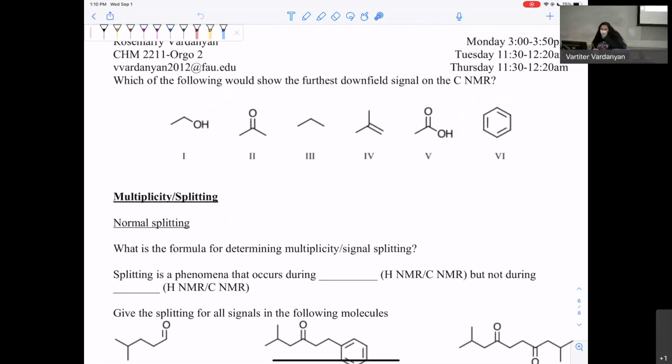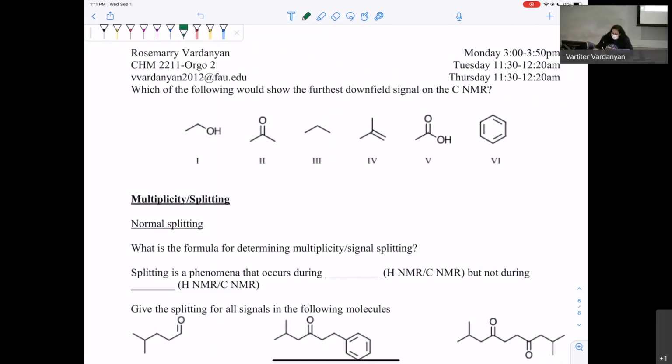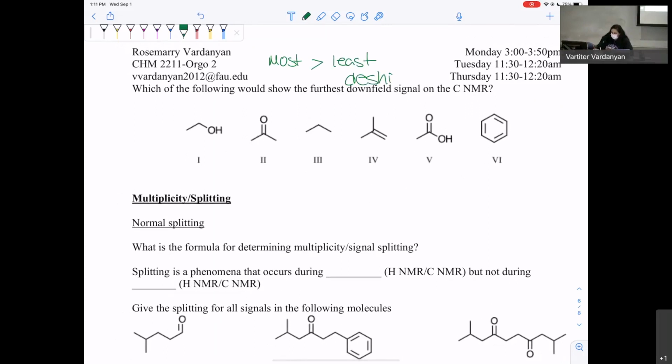Okay, so we're going to do this question to kind of review what we did last time. So all the question is asking is in a carbon NMR spectrum, which of the following would be the furthest downfield signal? So I'm going to add a little bit more to this, and I'm going to say put these in order from most to least de-shielded.